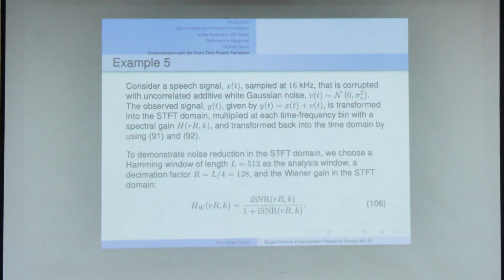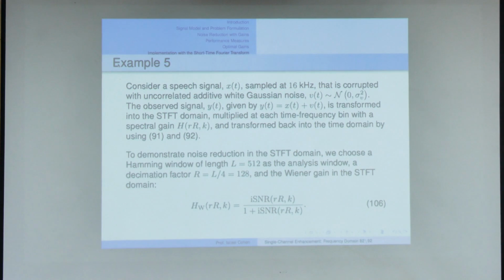Okay? So suppose that I have a speech signal and it's contaminated with white Gaussian noise with a certain variance. Okay? So the input SNR, and suppose that we apply the STFT, short time Fourier transform, with Hamming windows of length 512 samples. 512 samples for 16 kilohertz means the length is 32 milliseconds. 32 milliseconds makes sense for speech because it's not too short a window and not too long.